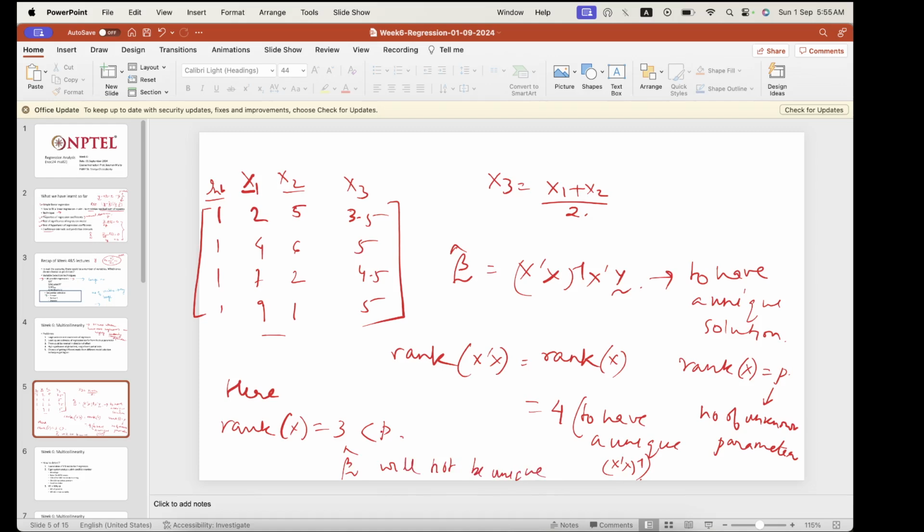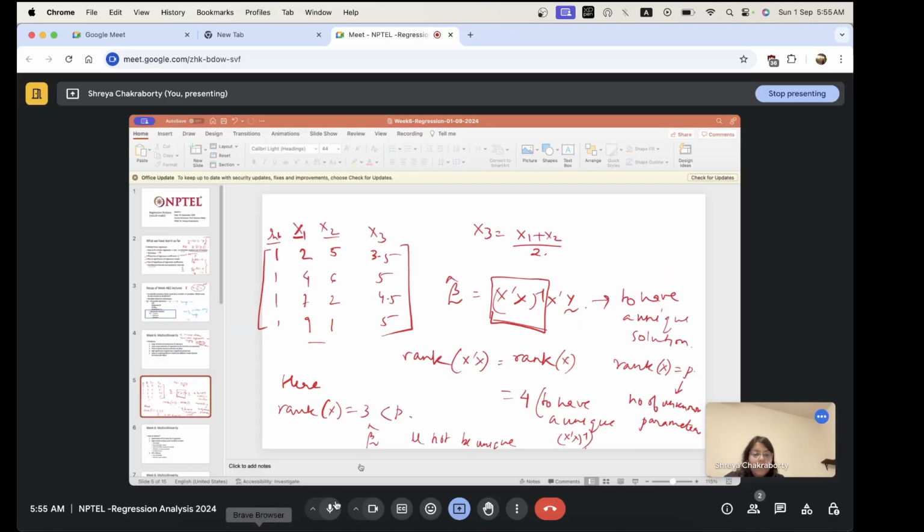In other words, we cannot perform this inverse operation, because we won't be able to perform this inverse.